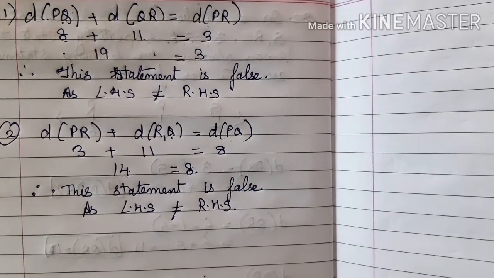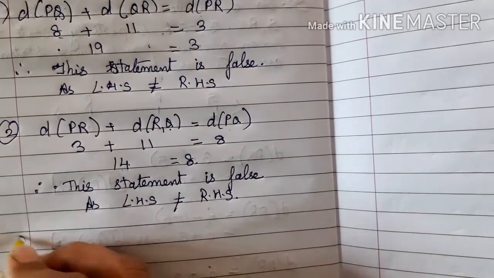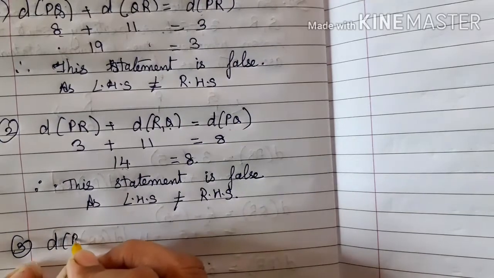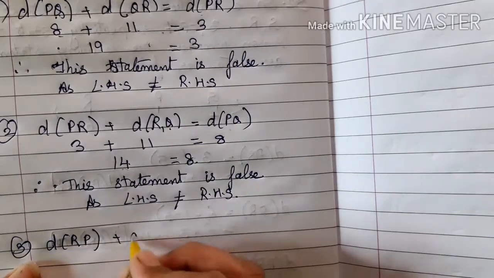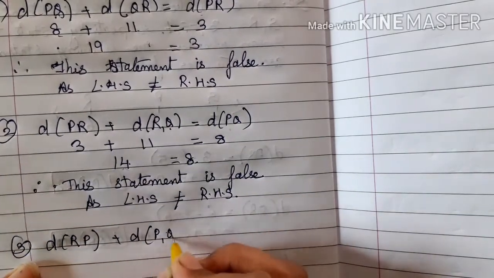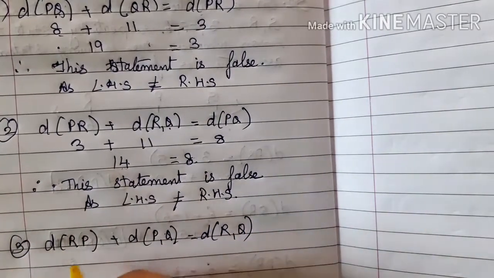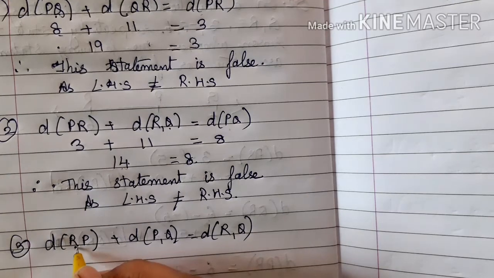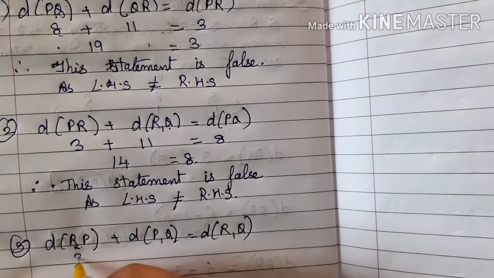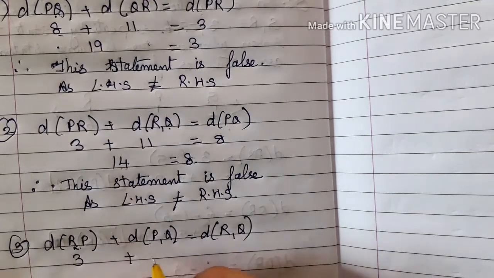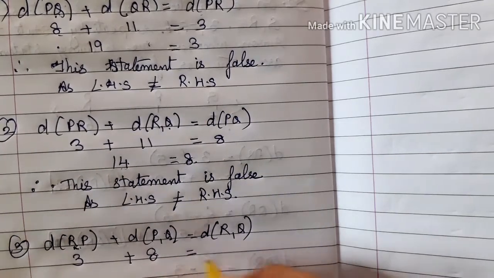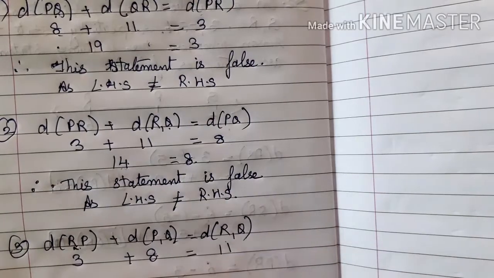Okay, so one more question is there. Distance of RP plus distance of PQ is equal to distance of RQ. So the distance of RP is supposed to be 3, PQ was supposed to be 8 and RQ is supposed to be 11.